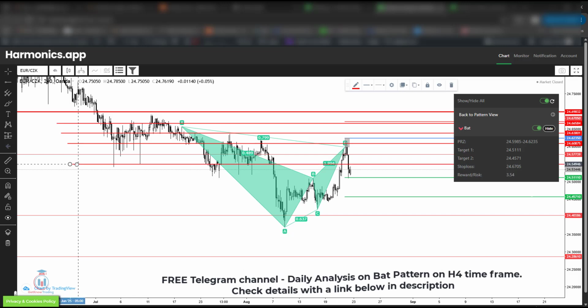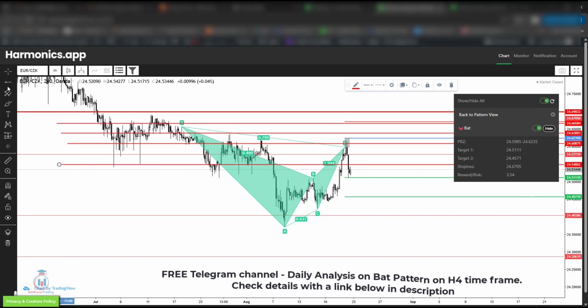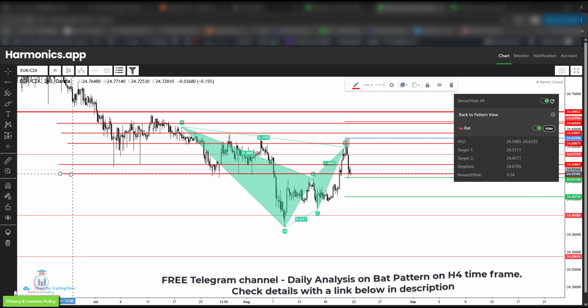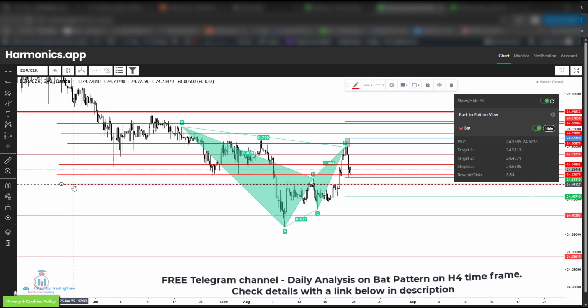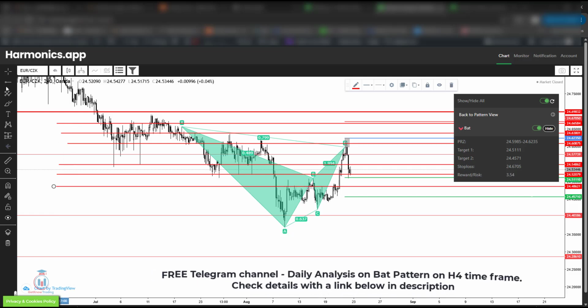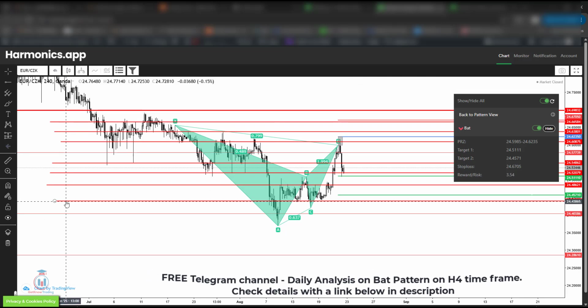When I put them here on the chart, I can see if the levels that have been detected by the scanner are in line with this technical analysis, which means are those levels also respecting the support and the resistance levels, or could they be modified slightly.